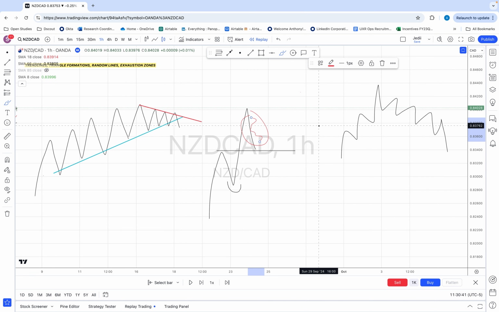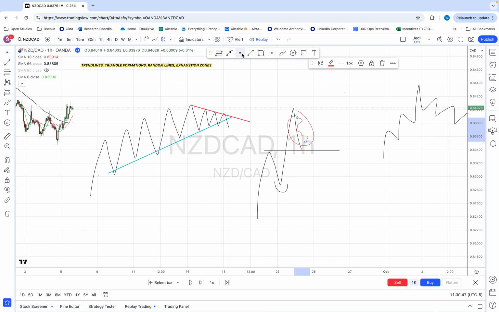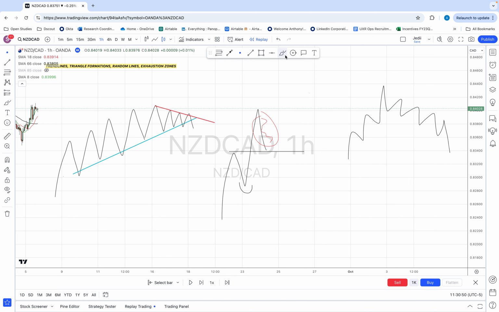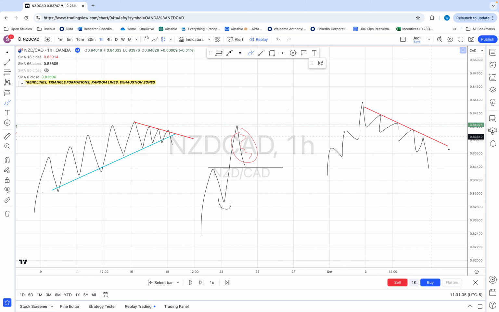So what I would have been doing is I would have been drawing a counter trend line on the smaller time frames to see when this market was going to eventually break the counter trend line and then draw back up for an entry. So that's what I would have been waiting for.